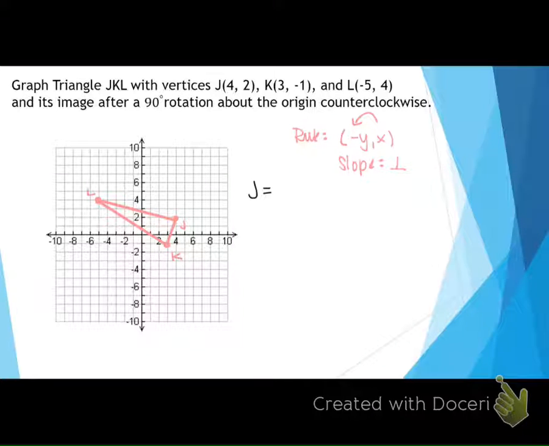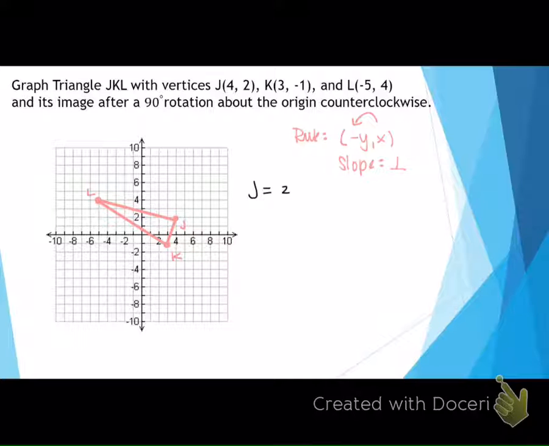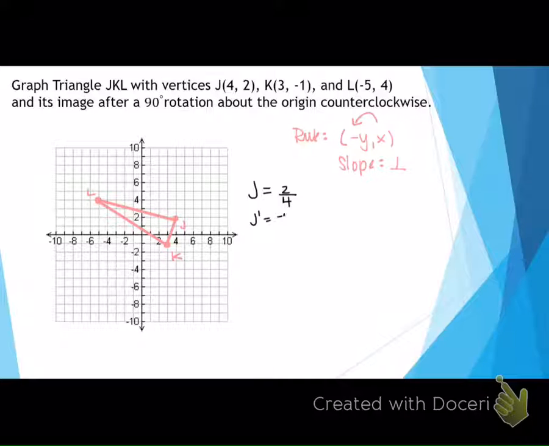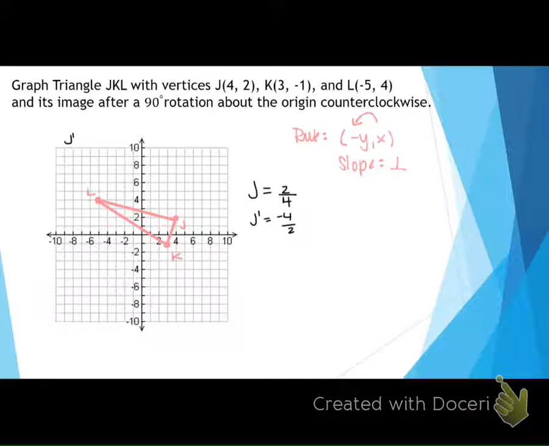So J currently has a slope of up 2 over 4. So Austin, what is the perpendicular of up 2 over 4? Negative 4 over 2. And if we're going 90 degrees counterclockwise, where is J going to end up in? 1, 2, 3, or 4? 2. Okay, so tell me how to do that from the origin then.